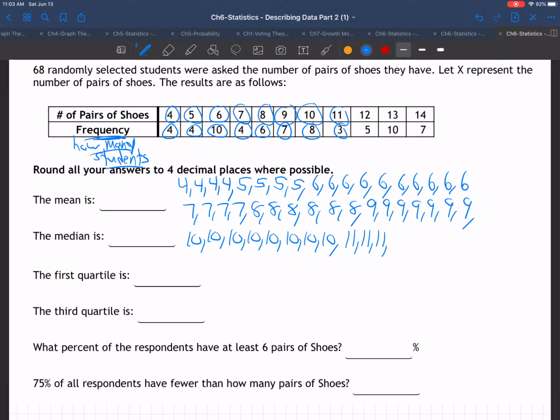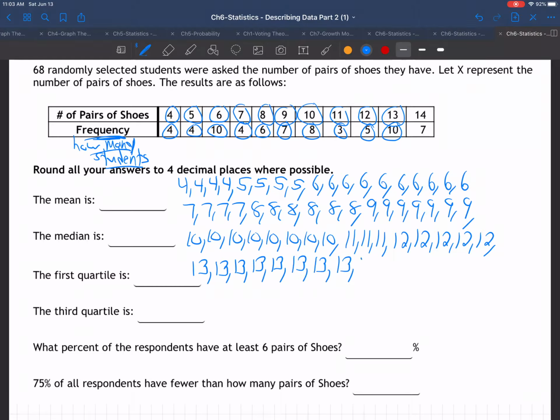It's a lot of shoes. 5 students have 12 pairs of shoes. 10 students have 13 pairs of shoes. That's craziness. And then finally 7 students have 14 pairs of shoes.